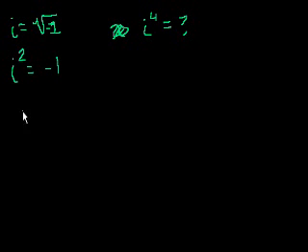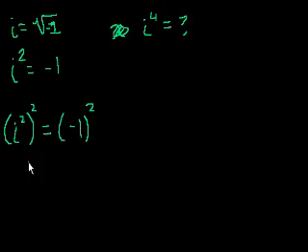Now let's square both sides of this equation, right? i squared squared is equal to negative 1 squared. Well, i squared squared is just i to the fourth, right? 2 times 2. It is equal to negative 1 squared, which is just equal to 1. And we're done. That's choice C.